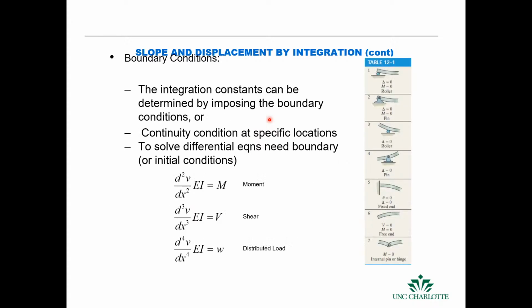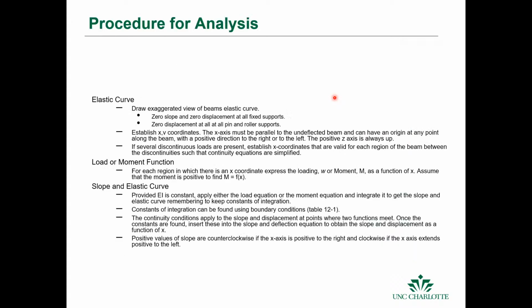Okay, and so we can use that relationship, and we can take the integral, and then we can impose boundary conditions from different joints on those equations, and we can integrate and solve for those loads.